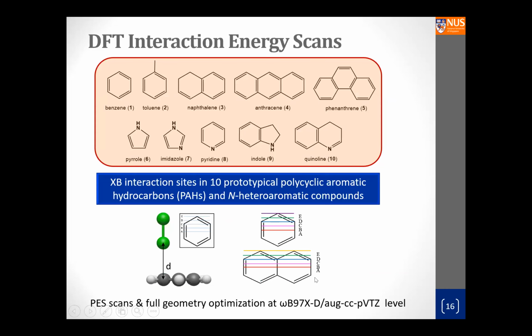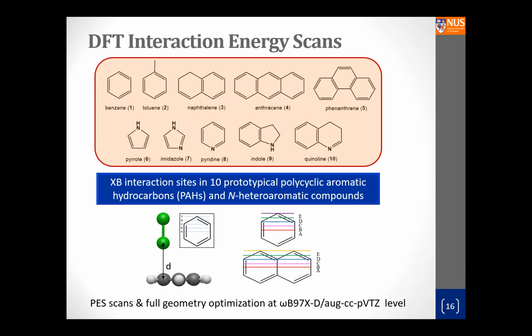And so we did a more systematic study on 10 prototypical aromatic systems, 5 hydrocarbons and 5 nitrogen-containing compounds, and tried to understand computationally what the origin is and where the potential local energy minima are. As the interaction is maybe a bit weak, we have to be careful to scan the surface so that we can find all the local energy minima.